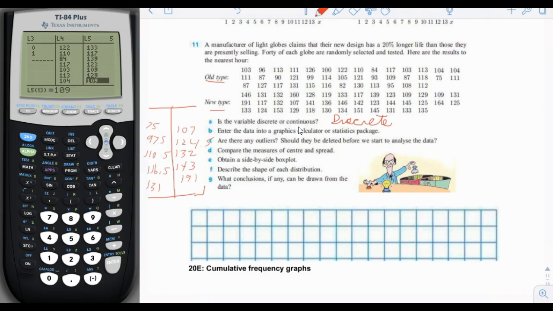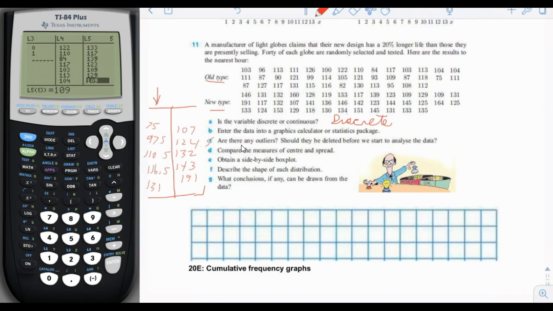So remember the rule for outliers. You find the outliers if they are really far away from the middle 50%. To do that, let's figure out what the IQR is for each one. In this little chart we have the minimum, then the Q1, then the median, the Q3, and then the maximum.